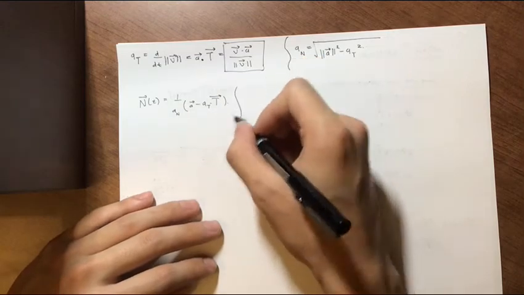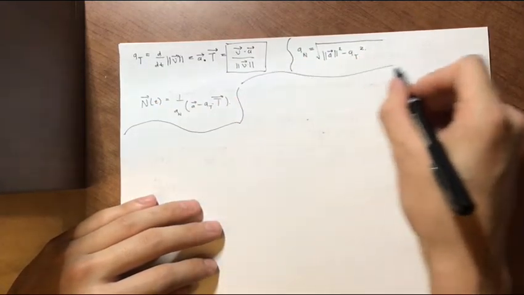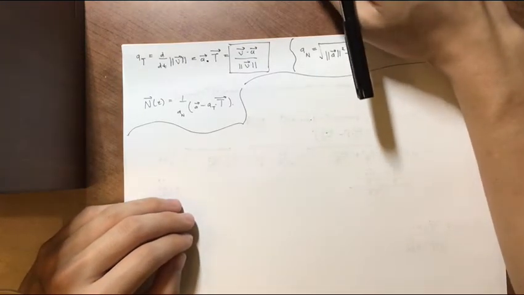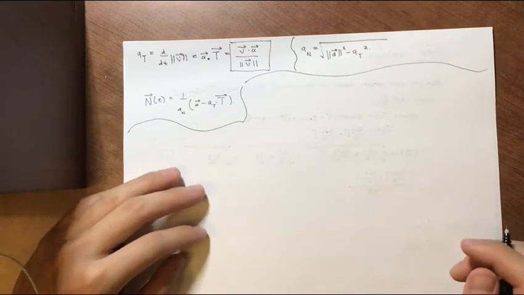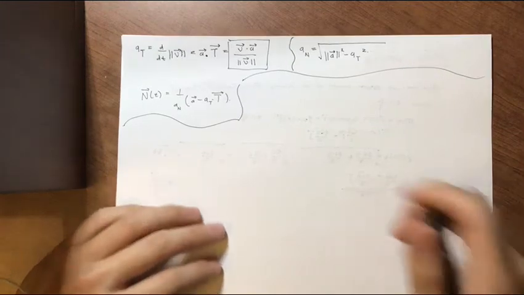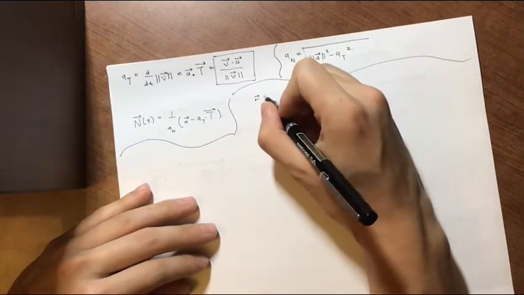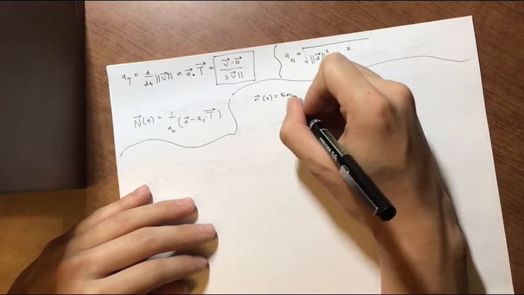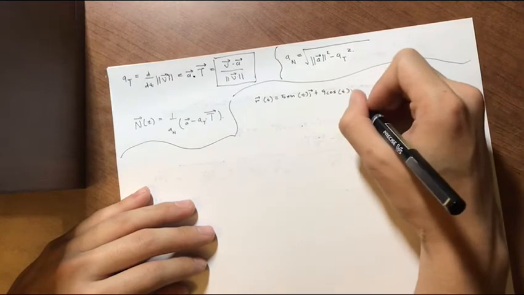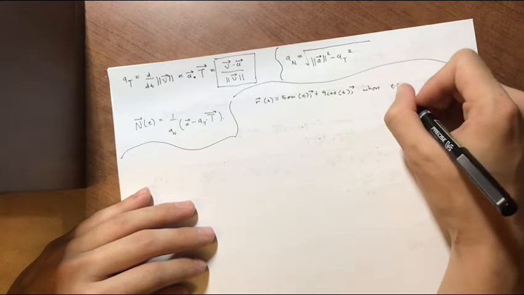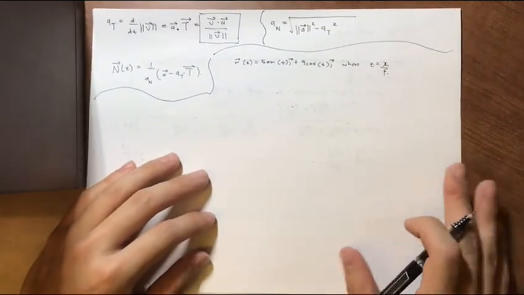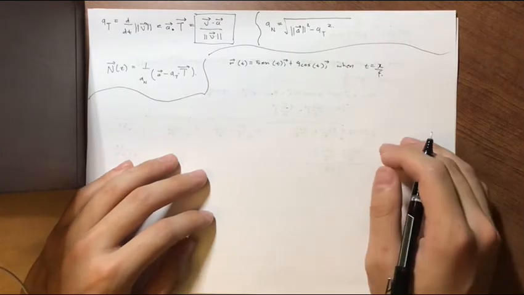Now let's do an example. Recall our first example where the position vector was given by this. Now our task here is to find the normal vector when t equals pi over 4.